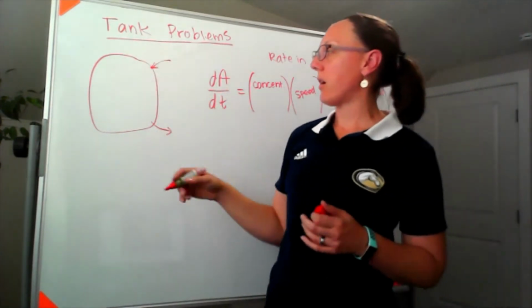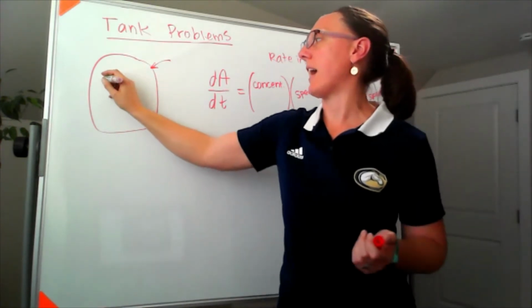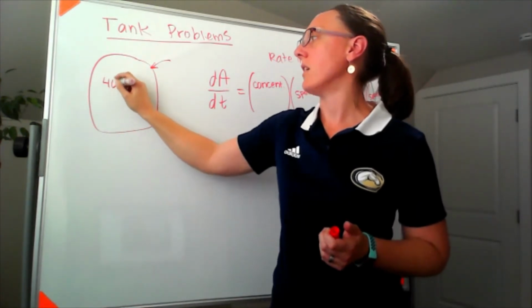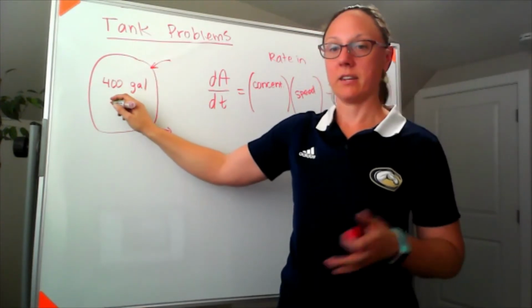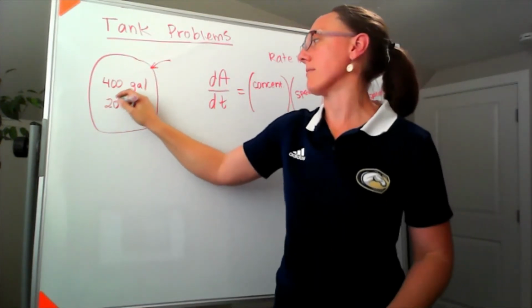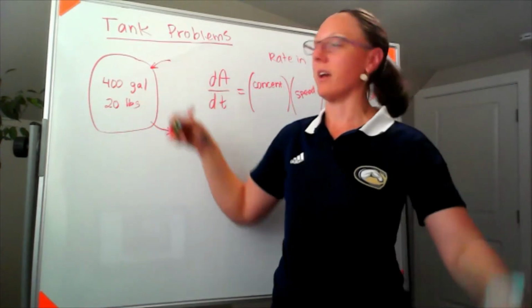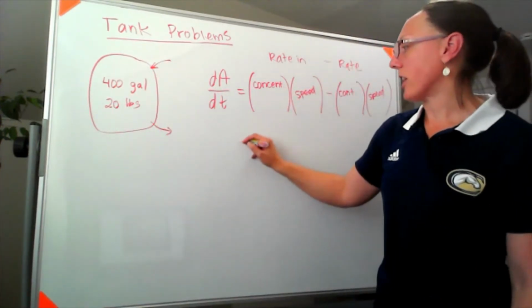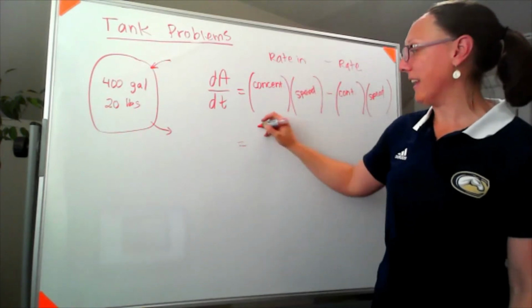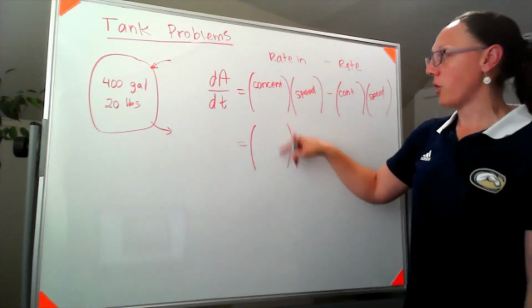So for this problem, let's say that I have a tank that holds 400 gallons and I have 20 pounds of something in the tank. So that concentration for what's coming in, we don't know yet.